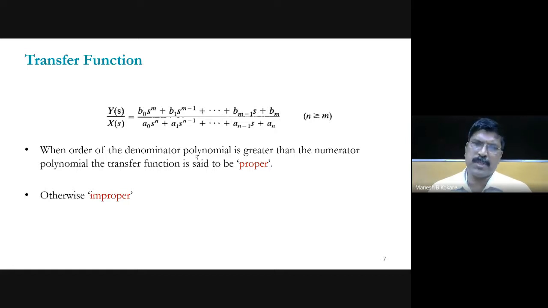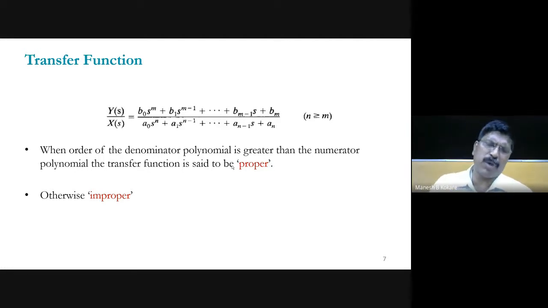Realizable means that even if you increase the frequency, you don't get an infinite or undefined output in the case of a proper transfer function. Even if you increase the frequency from 0 to infinity, the output is well defined and bounded.